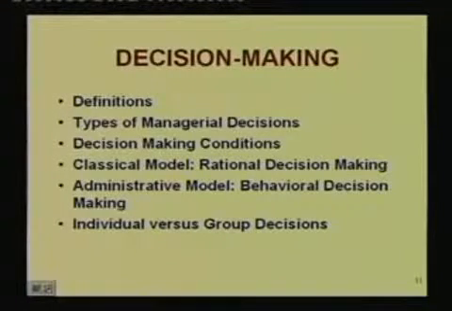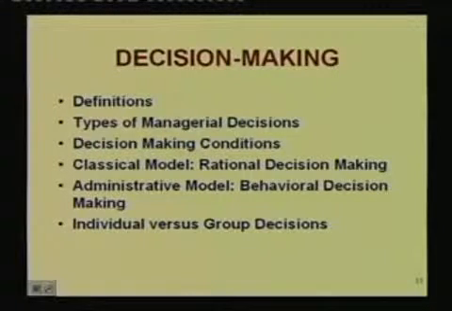Then finally, which is very important to us, the difference between individual and group decisions. In organizations, instead of individual decisions, we often take what is known as group decisions, and group decision making is very different from individual decision making, and the nuances we must understand.